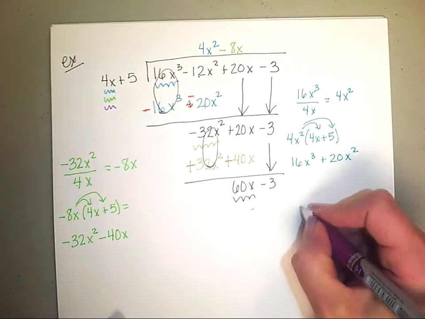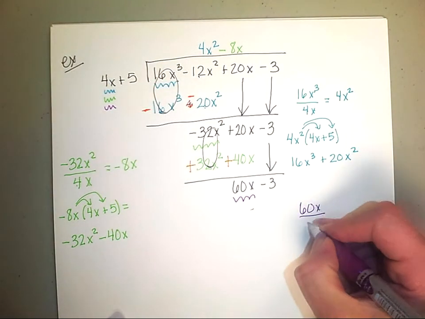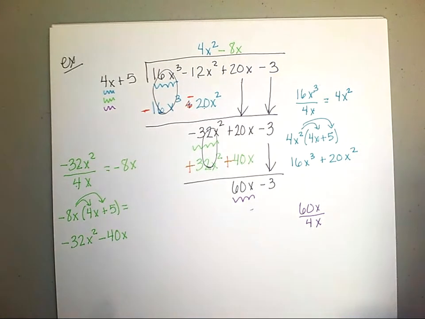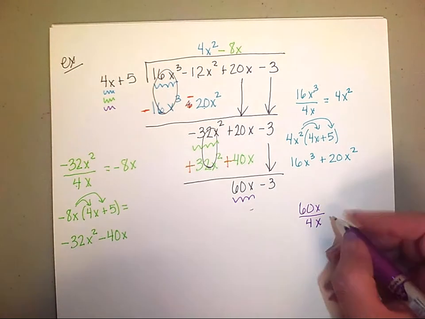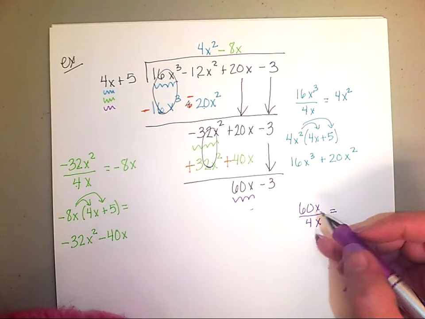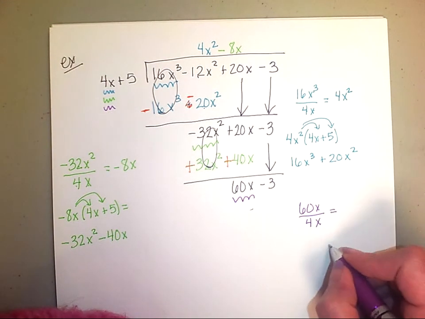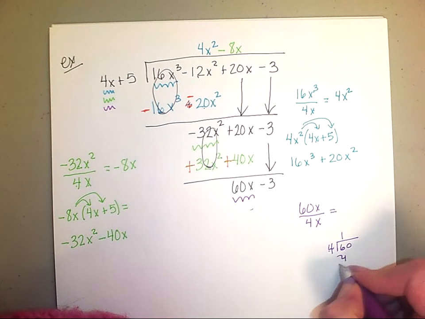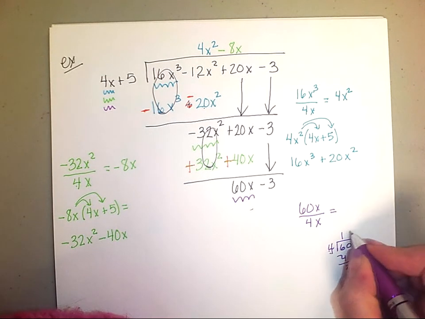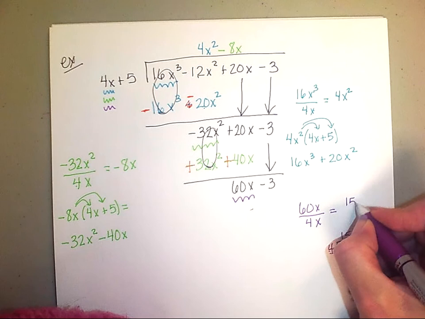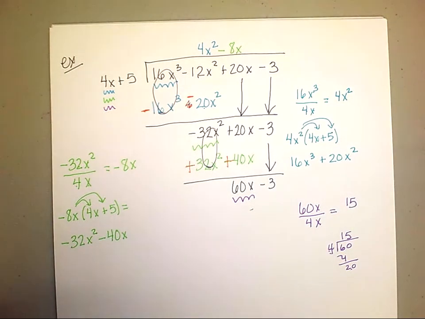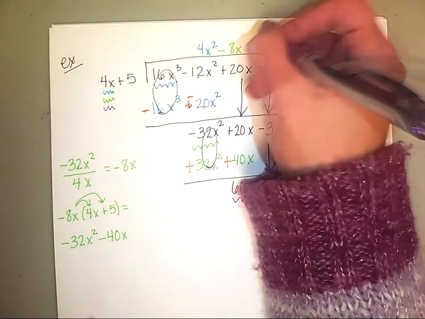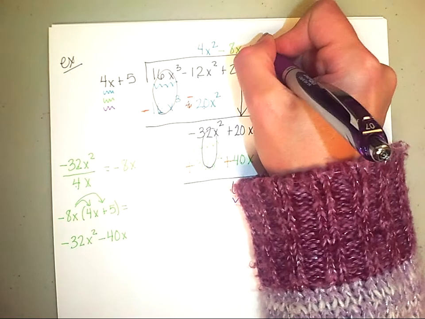4x goes into 60x. So we're reducing this. See how many times 4 goes into 60. 4 goes in there once, minus 4 is 20, and 4 goes into 20 5 times. So 15 is what we get here. 15 is positive, so we write a plus 15 up top.